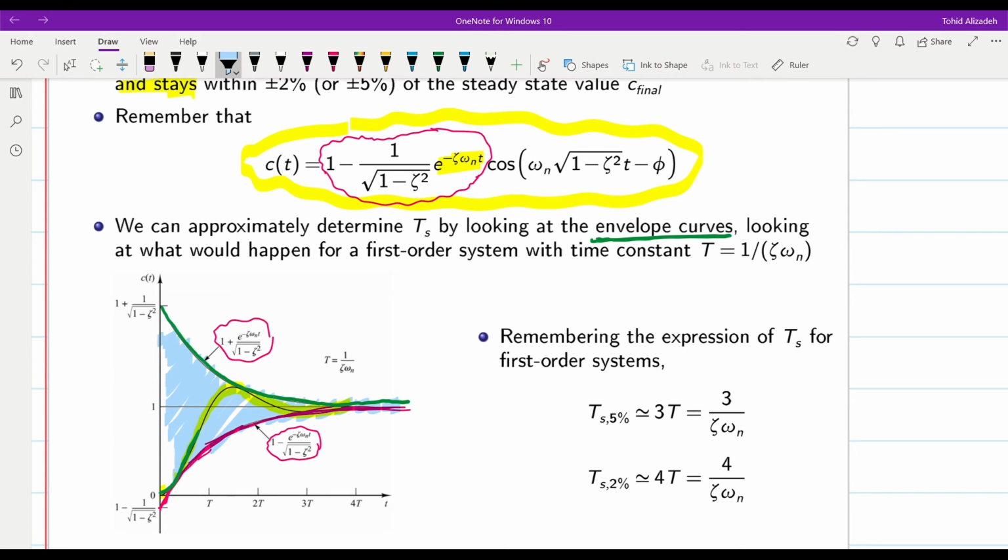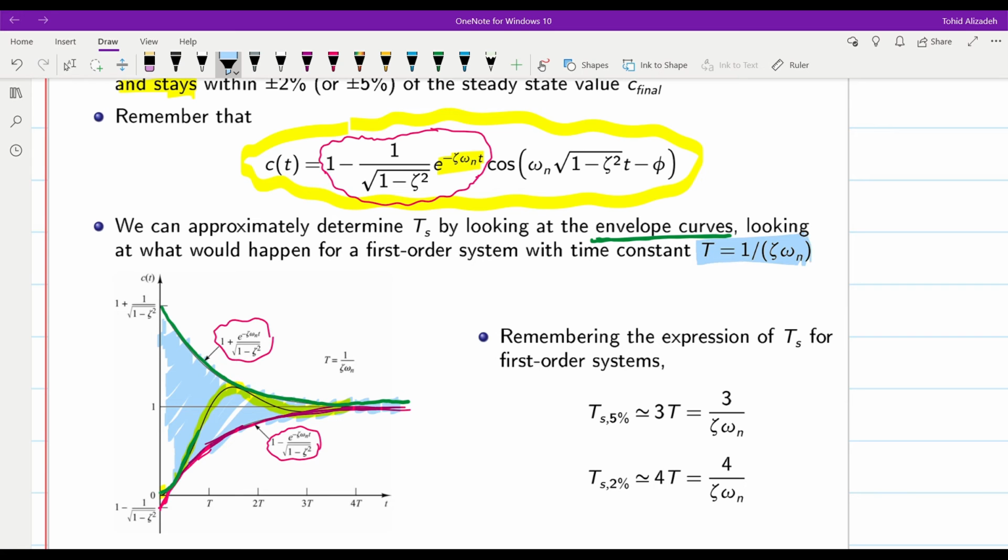Okay, and since we have them in the form of a kind of response of a first order system, we can approximate the settling time for the second order system by looking at these envelope curves. We define the time constant as T equal to 1 over ζω_n.